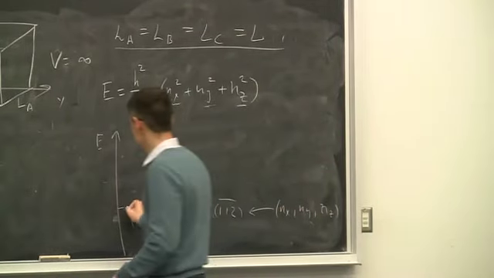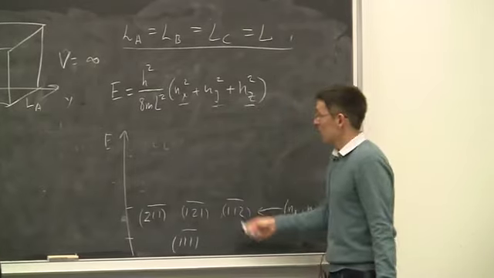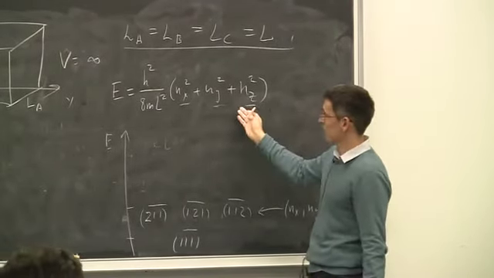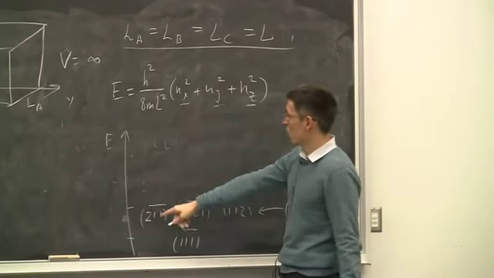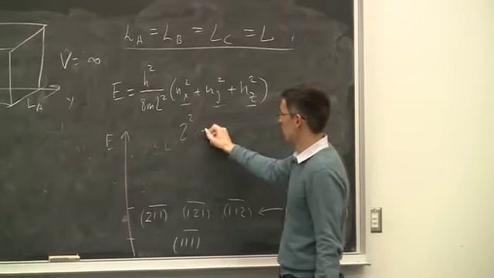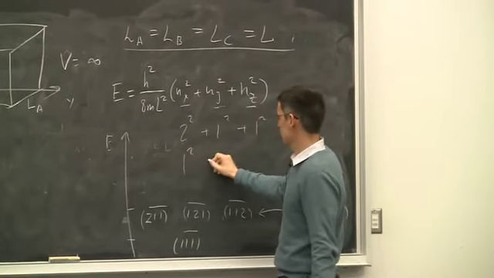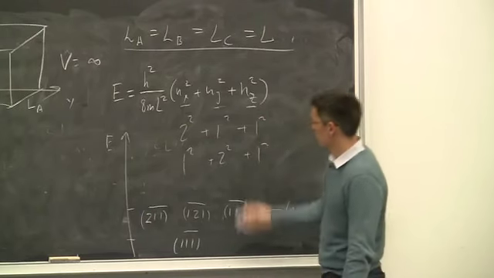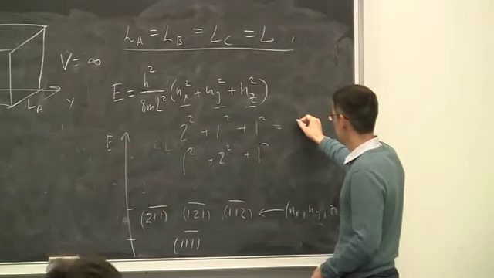These 3 numbers that I'm writing here are nx, ny, and nz, right? And because it's just the sum of the squares, they all have the same energy. If you sum 2 squared plus 1 squared plus 1 squared, or you do this in this sequence, they all give 6, right?